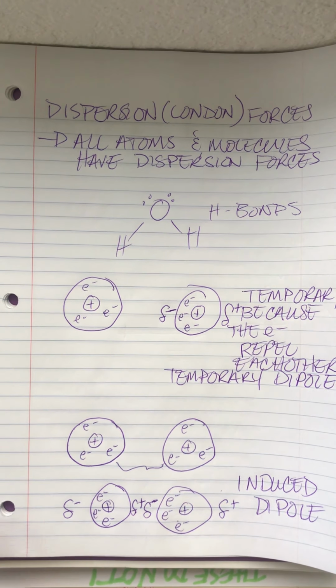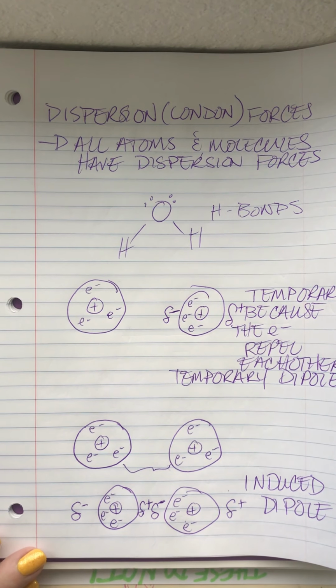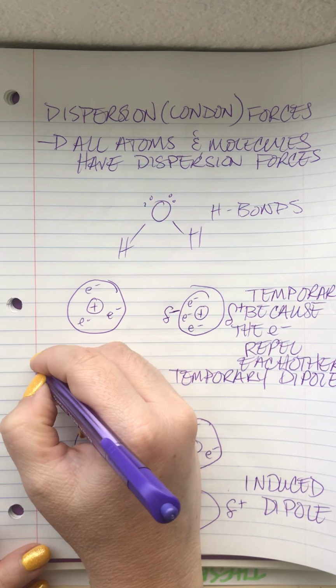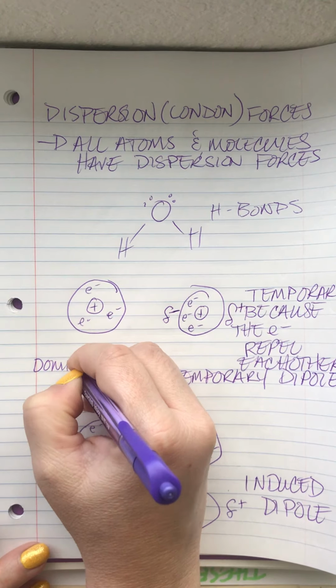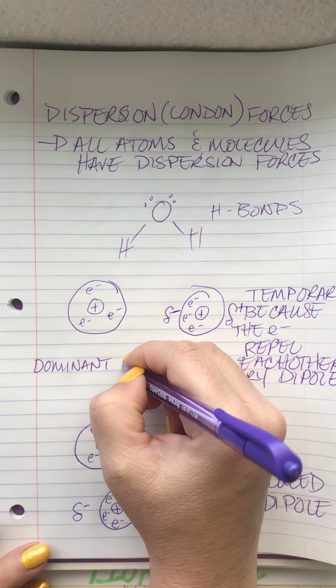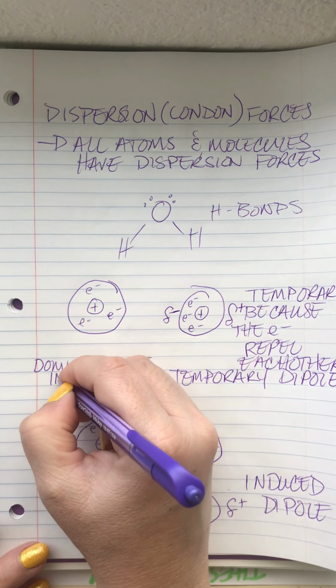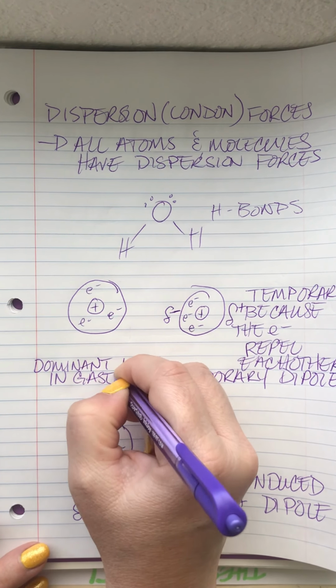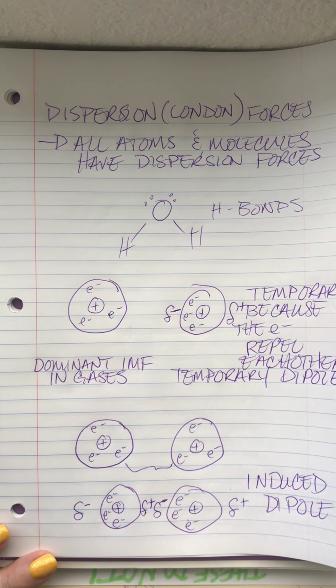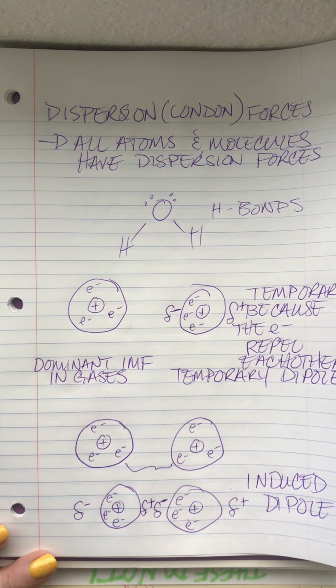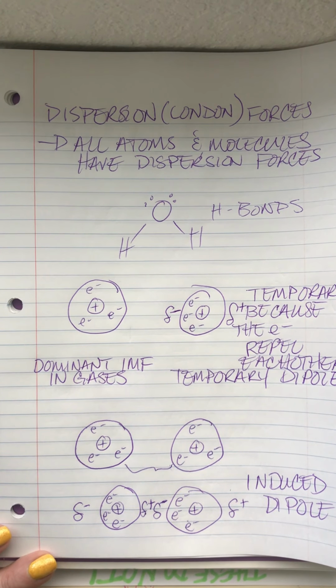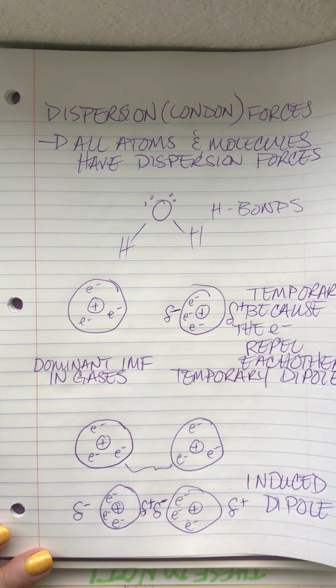Cool. So dispersion forces are the dominant intermolecular force in gases, which is to say there are not a lot of attractive forces between gas particles. Like we said in chapter 5 when we were talking about gases, the attractive forces between gas particles are negligible.